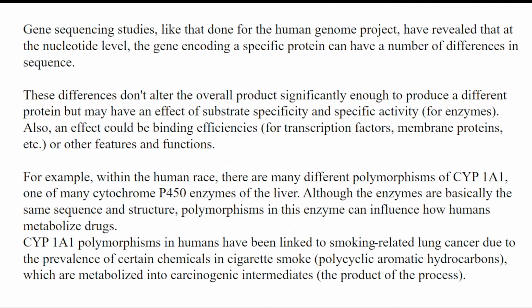For example, within the human race, there are many different polymorphisms of CYP1A1, one of many cytochrome P450 enzymes of the liver, although the enzymes are basically the same in sequence and structure. Polymorphism in this enzyme can influence how humans metabolize drugs.